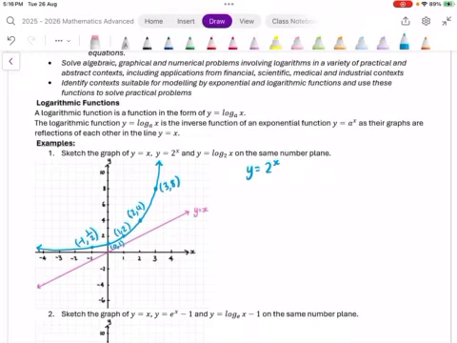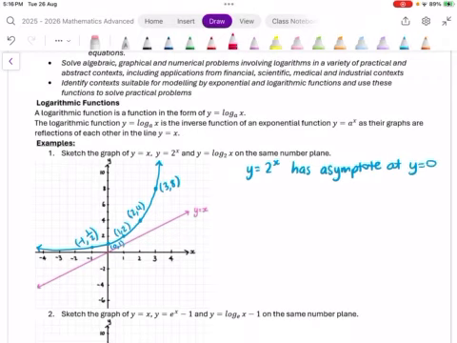So we have that y equals 2 to the power of x has an asymptote at y equals 0, which is at our x-axis.